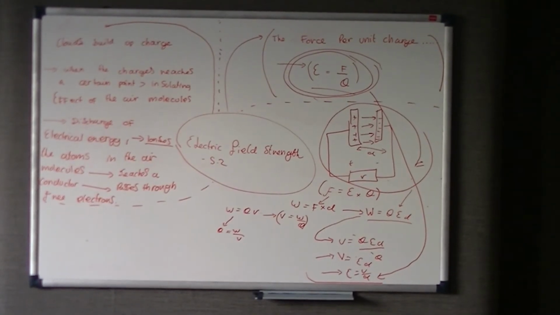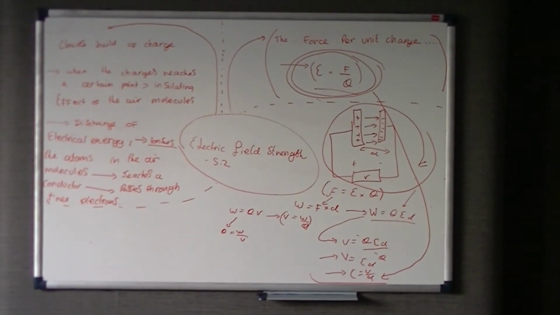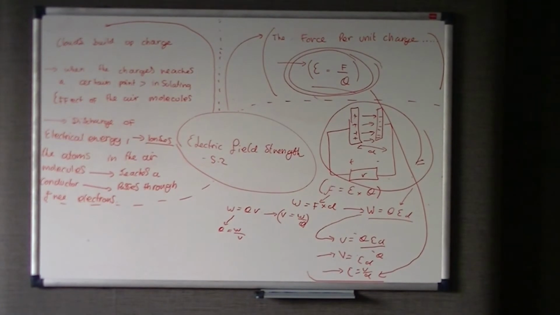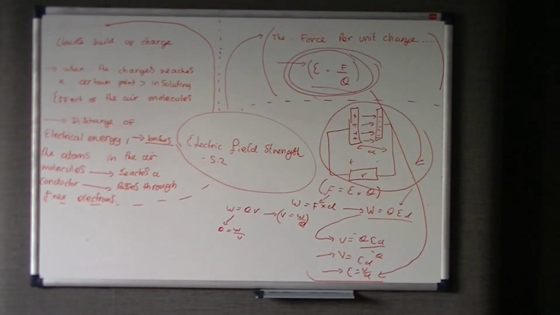Anyway, just as I go over this again, we said the electrical field strength is the force per unit charge, so that's force over total charge. It's just breaking it down per charge. And then, as you can see towards the bottom of the right hand side, we talked about the two parallel plates, and to get that equation for the electrical field strength of that situation, we used the original field strength equation, force divided by the total charge, and we rearranged that to get F, which obviously is E times the total charge.